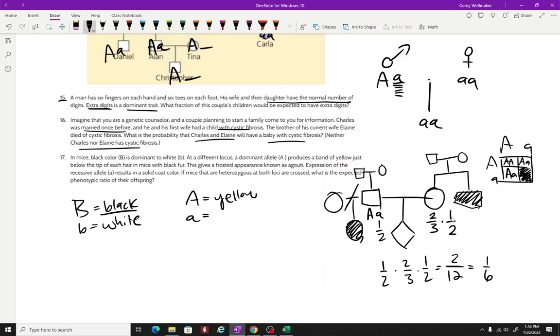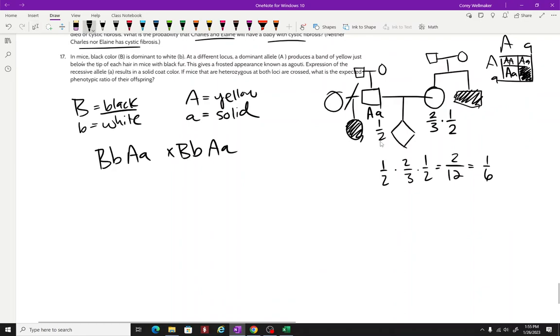This gives a frosted appearance known as agouti. Expression of the recessive allele results in solid. Okay, so you got mice that are heterozygous. What is the expected phenotypic ratio?